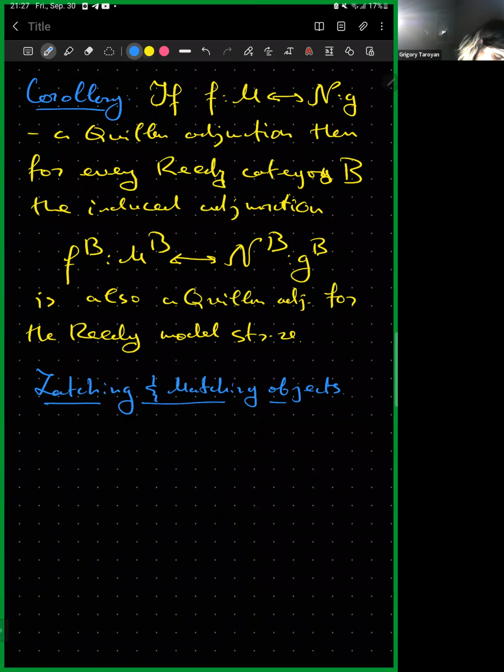So assume that we have a model category. Assume that B is a Reedy category.